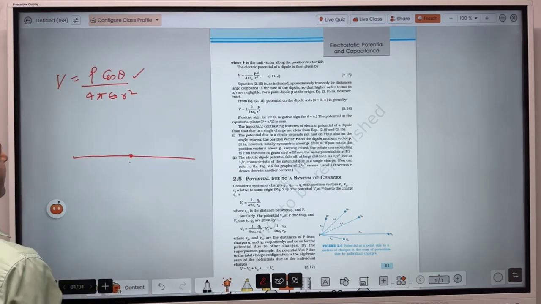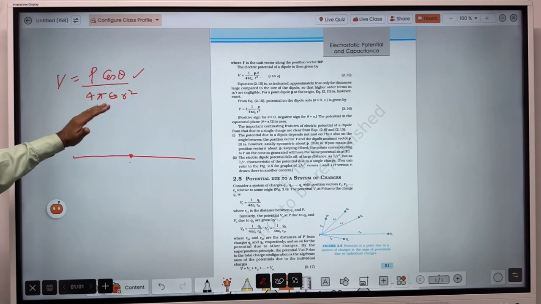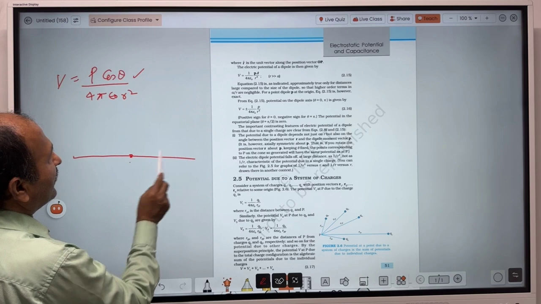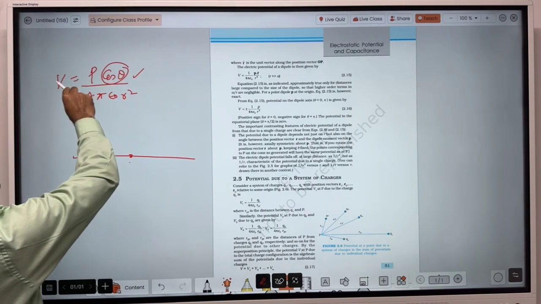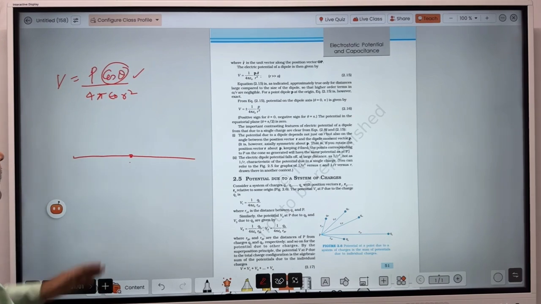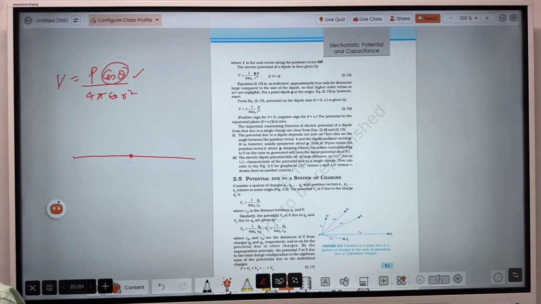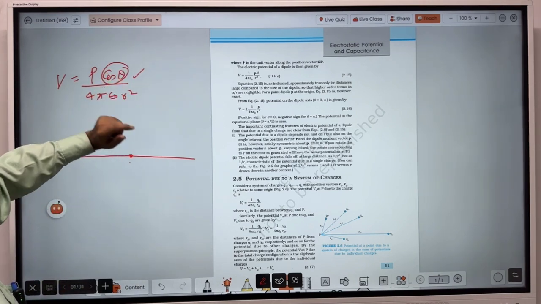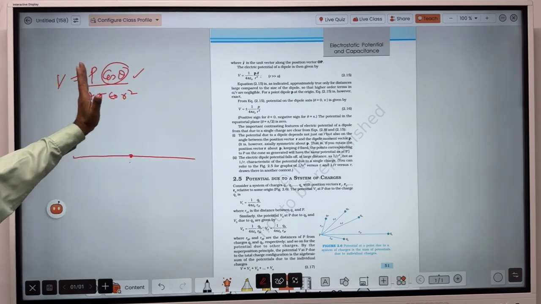Suppose the charge is here. If theta equals 0 degrees, the dipole is along this and the point is along this, so theta will be 0 degrees, cos theta will become 1, and we get the maximum value. If the dipole is perpendicular to the point, theta is 90 degrees, cos 90 becomes 0, so the potential will become 0.